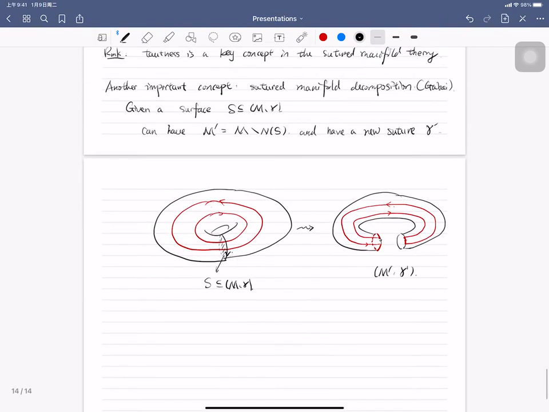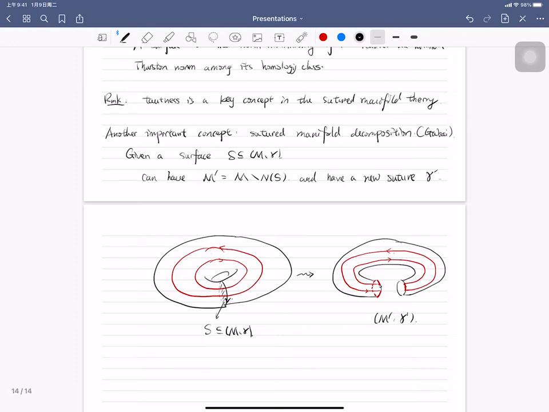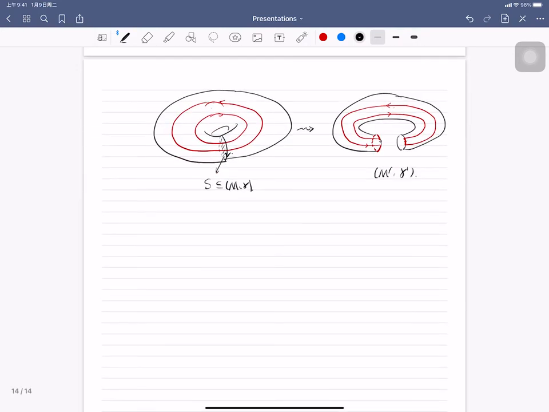So, why do we care about suture manifold decompositions? Well, that is very important because we can use suture manifold decompositions to decompose an arbitrary taut suture manifold into some very simple pieces. So this is the theorem by Gabai.